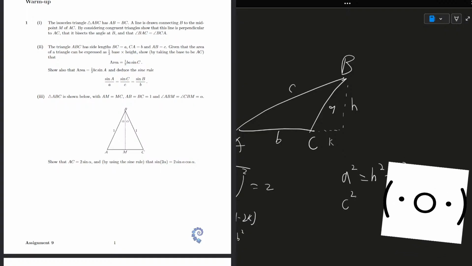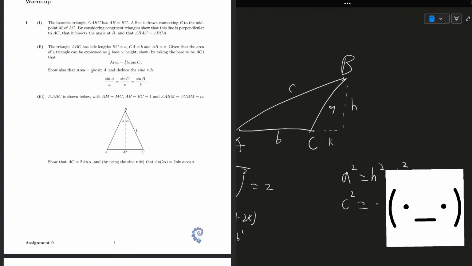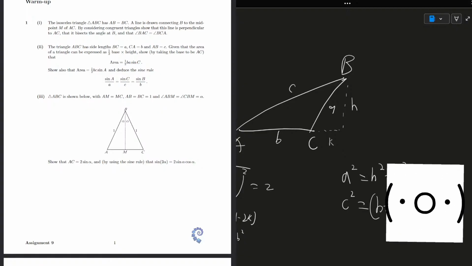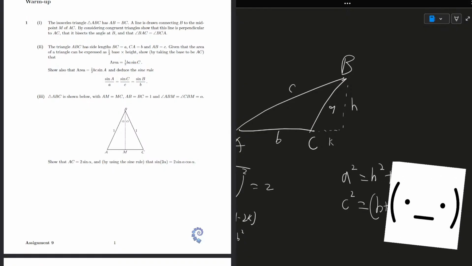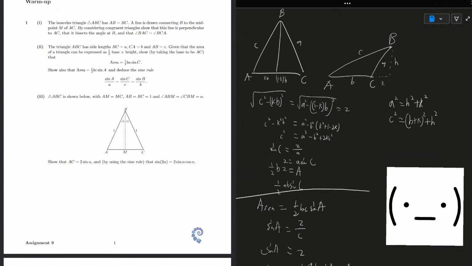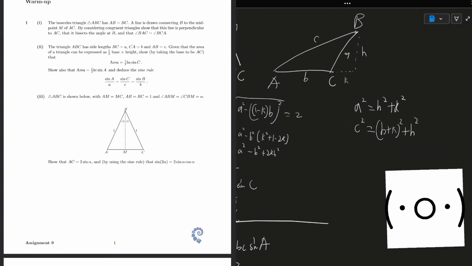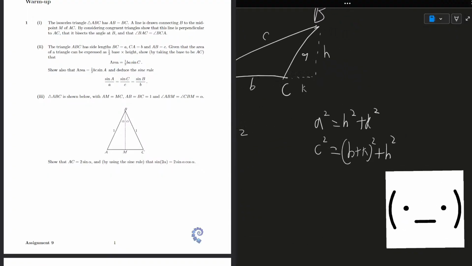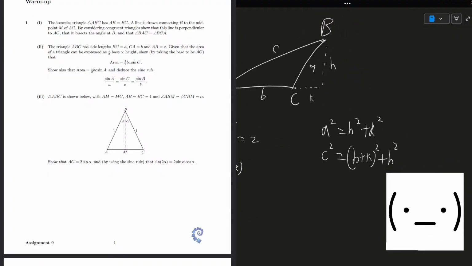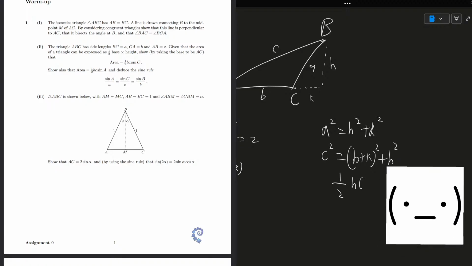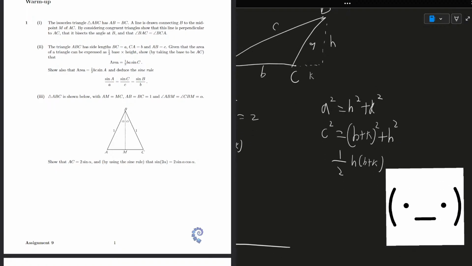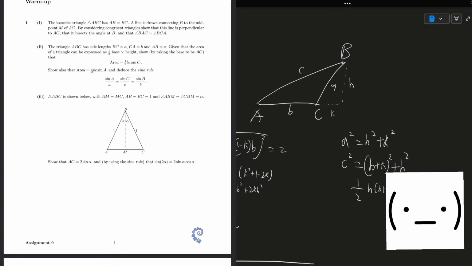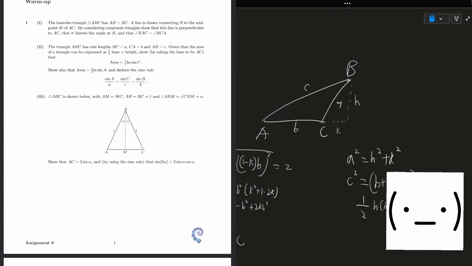We also know that C squared equals B plus K squared plus A squared. I think we can get away with just proving the area rule, right? That is equal to half H times B plus K.